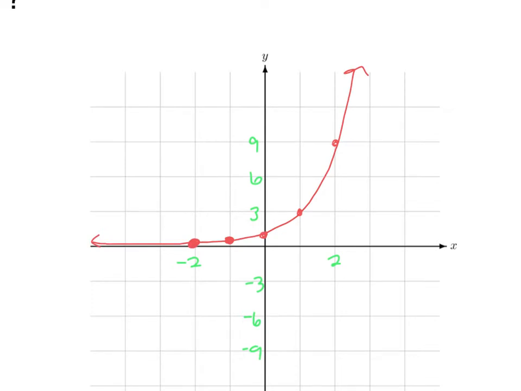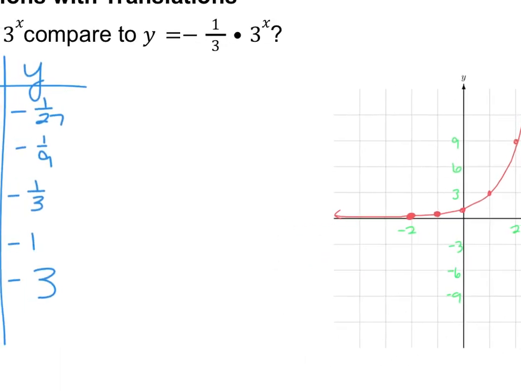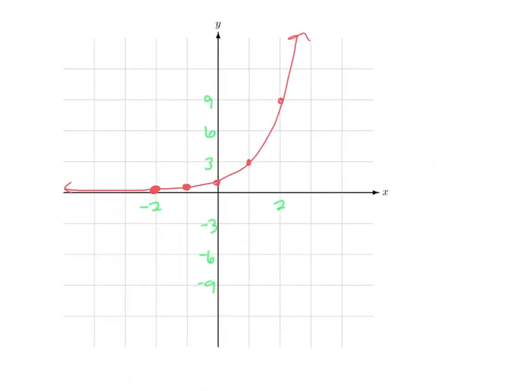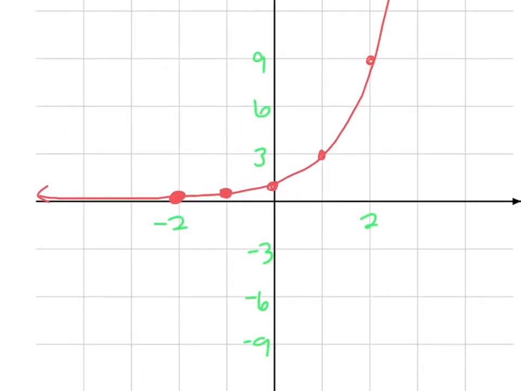Okay, so now let's do the other one. What color did I do that one? Blue? Okay, so this one, it's going to start at -2, -1/27, -1, -1/9, 0, -1/3, 1, -1, 2, -3.